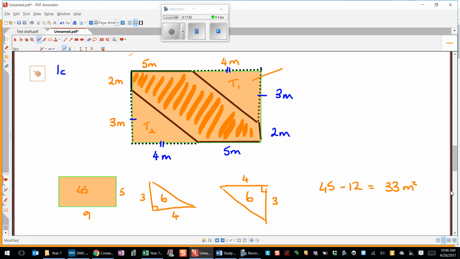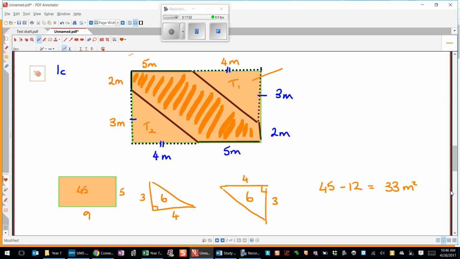Do you remember on that worksheet I gave you? There were lots of questions, and I said, right, got to get these all done as quick as you can. Part of that is realizing that sometimes you can simplify it. I've got 2 triangles that are exactly the same. Well, a triangle is base times height divided by 2, and if I've got 2 of them, I have to then multiply by 2.